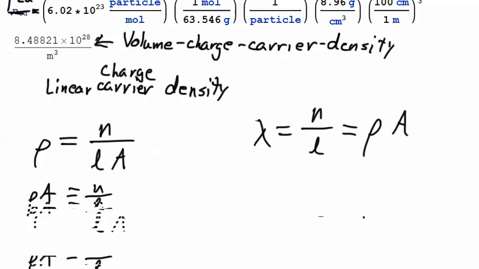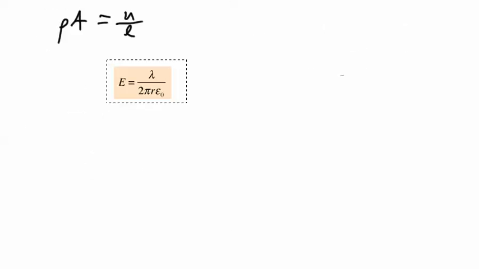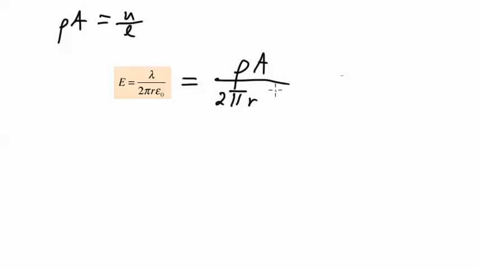So now the electric field from that phenomenon we already got earlier. Well, we didn't derive it, we just pulled it from Wikipedia. So this is rho times the cross-sectional area of the conductor divided by 2 pi r epsilon naught.